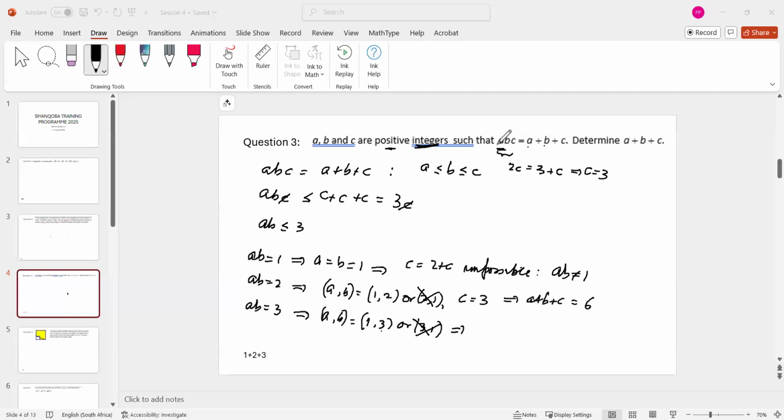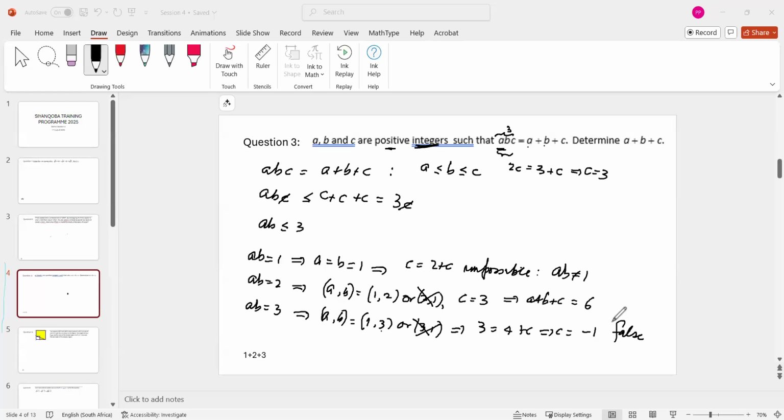If AB is equal to 3, then you have 3, that's AB. And in here we are saying 1 plus 3, A plus B, is 4. So 3C equals... 3 is equal to 4 plus C, and that gives you C is equal to 3 minus 4, that's negative 1. And that's false because it's given that they are all positive integers.